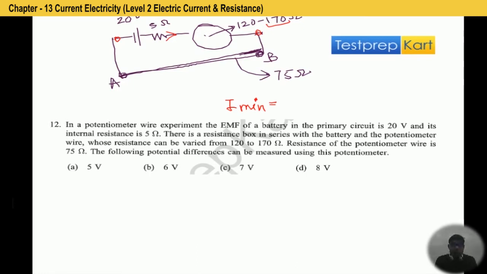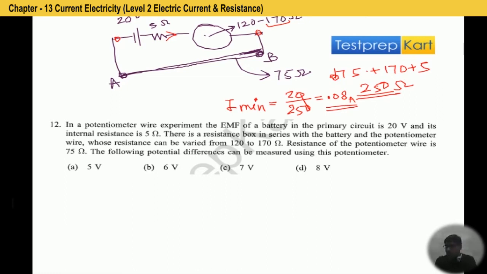So maximum resistance can be 75 plus 175, that is 250. So current coming out is 20 divided by 250, that is 0.08 ampere. So we can check the potential difference across this cell.